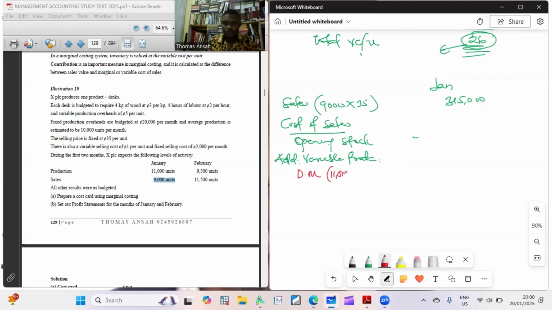It's the same 12. Do you remember the figures? I said anytime you are doing this one, you put the number in the middle. 132, right? Direct labor, 11,000 multiplied by, was it 8? And it was 88. We don't have a problem with those ones.